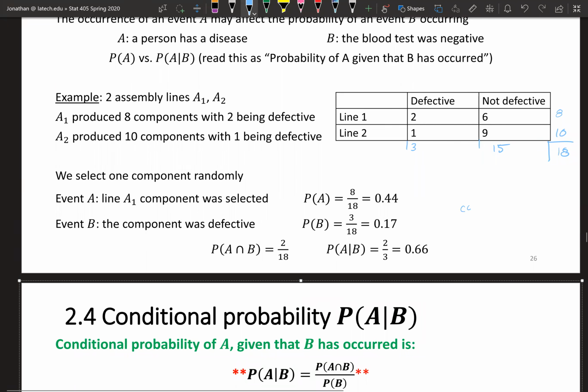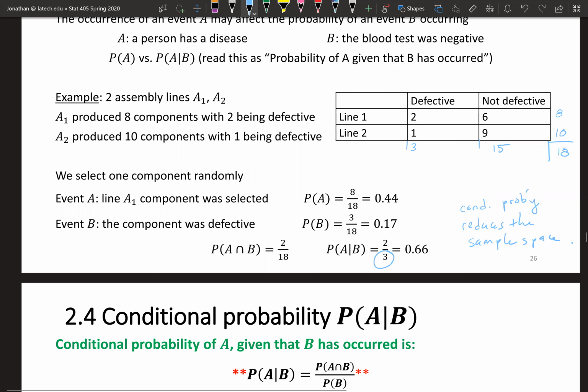Conditional probability reduces the sample space. Notice the denominator here only has 3 in our conditional probability. Conceptually, what's happening is your sample space is being reduced from the total to just a subset.